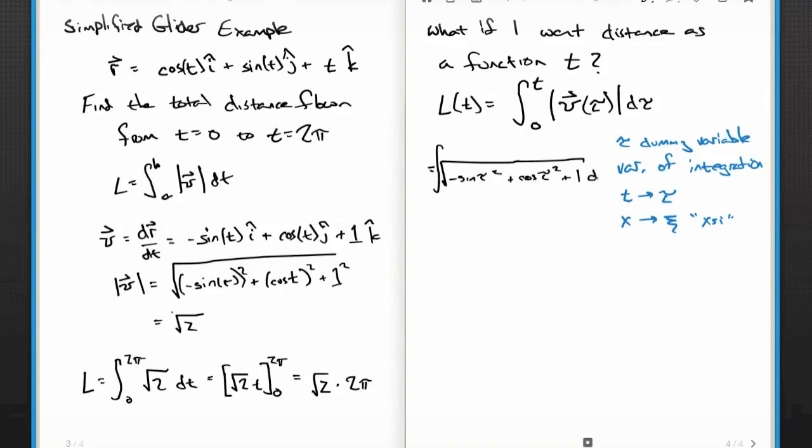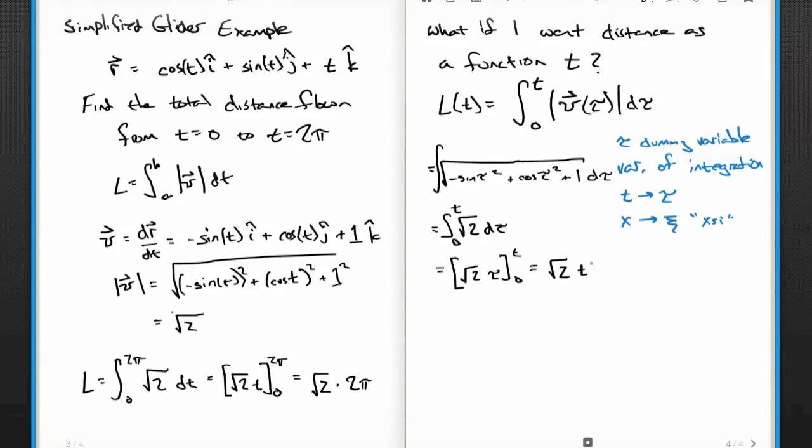And that equals, do the same thing: sine squared plus cosine squared is 1, so this becomes the integral of root 2 d tau from 0 to t. And when I do this integral, that equals root 2 tau from 0 to t, which equals root 2 t.